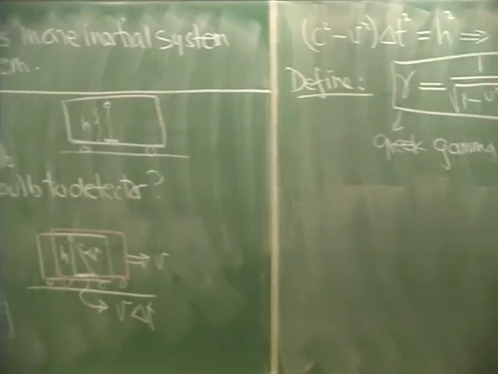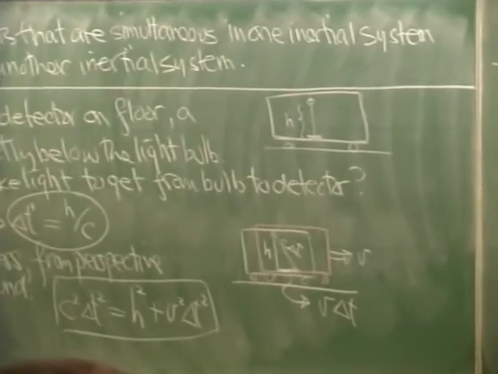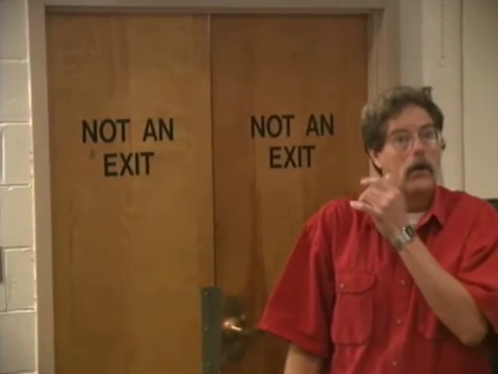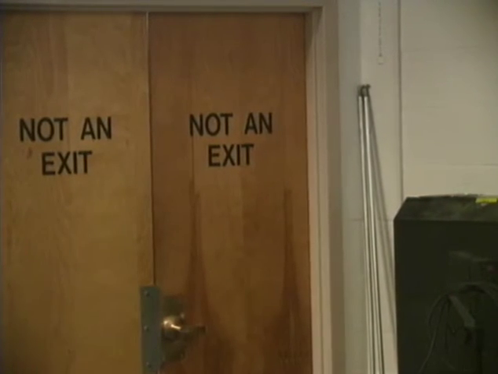So where are we? Greek gamma was this factor, and is everybody persuaded that this is a number greater than 1? Under what circumstances would it be 1 itself, by the way? If v was 0. If the thing was not moving at all, then v is 0 and gamma becomes 1.